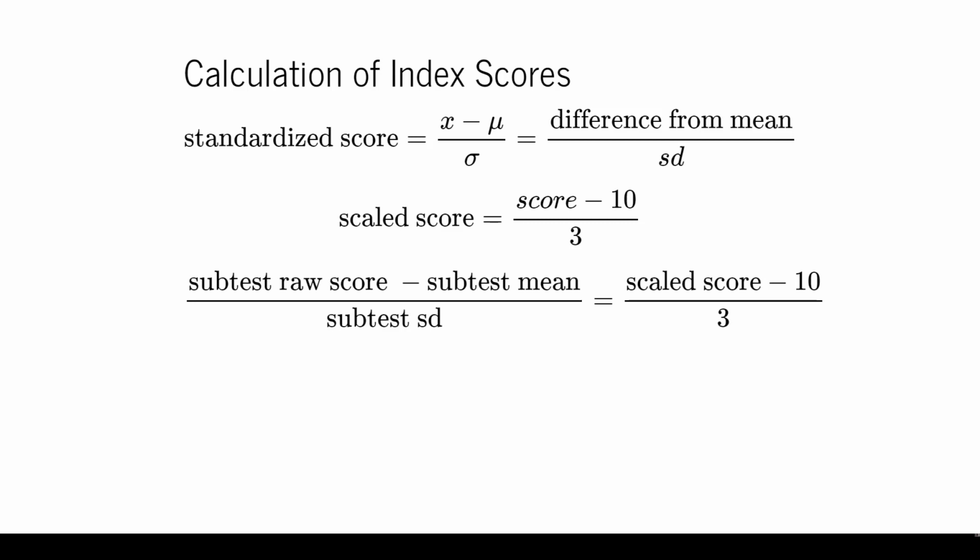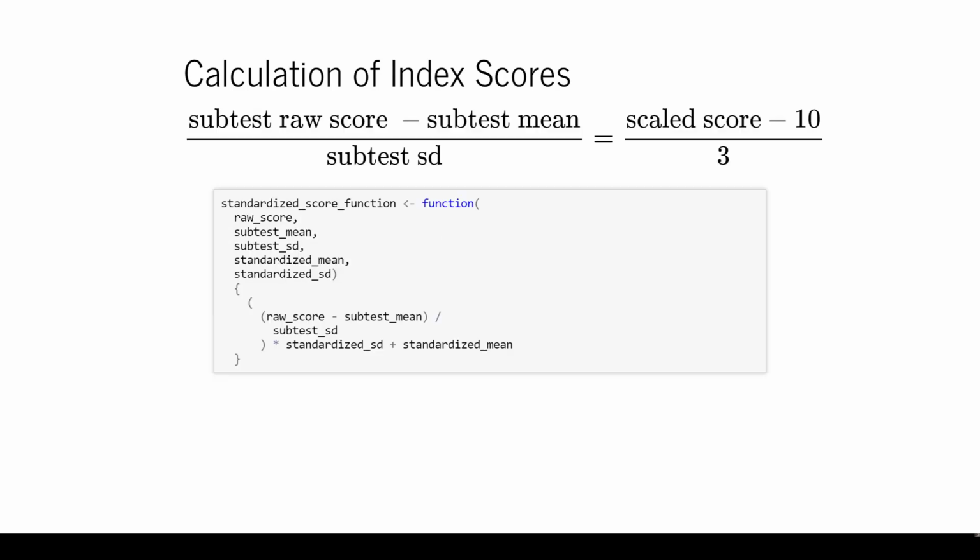So for subtest raw scores, we would find the mean for everyone who's taken the test, divide by the subtest standard deviation of everyone, and convert that to a scaled score. There's a function we can use to just plug in values, and all the code that I use for these slides will be available at a link in the show notes. You can use that to make your own scaled scores or other scores that we use.